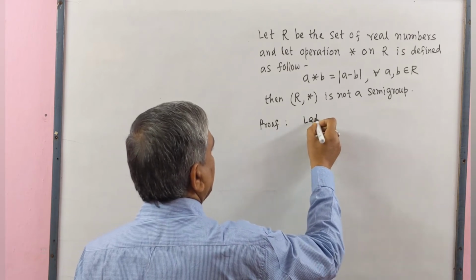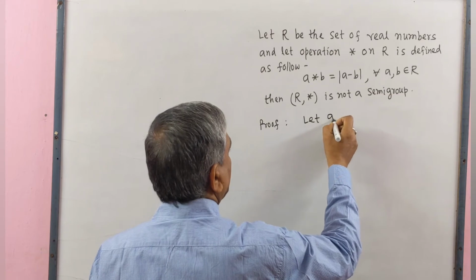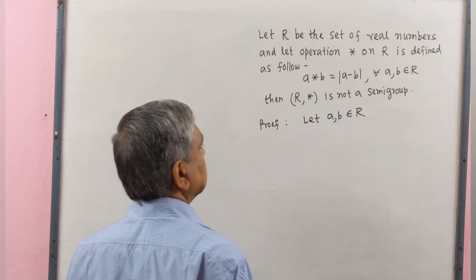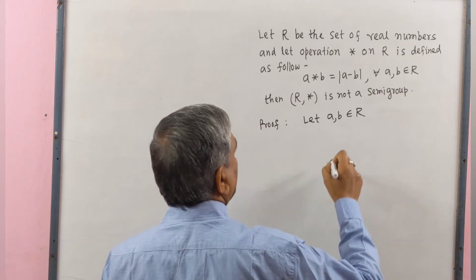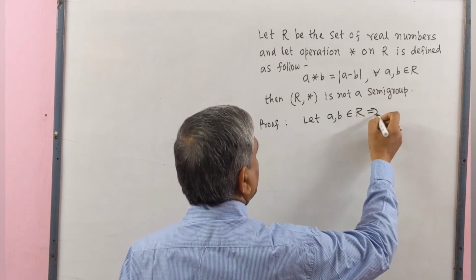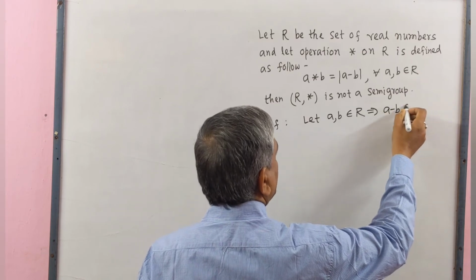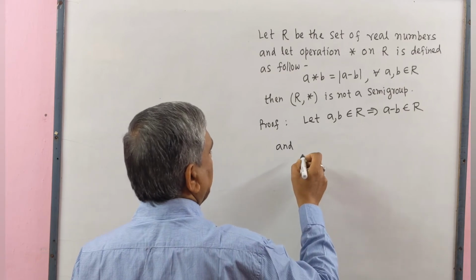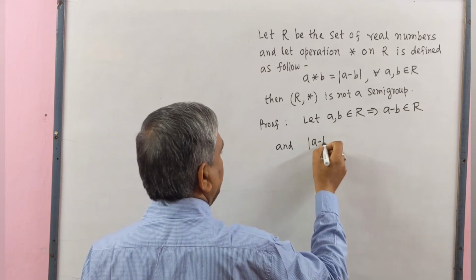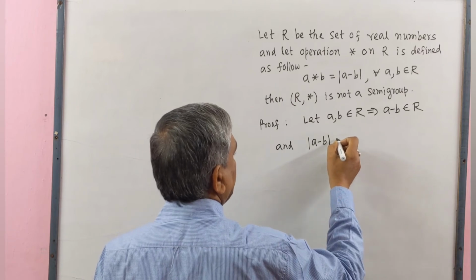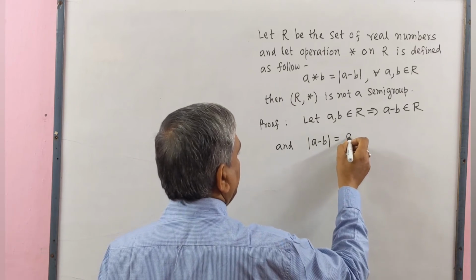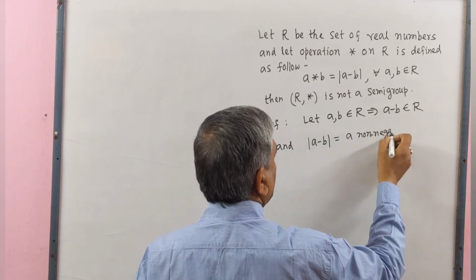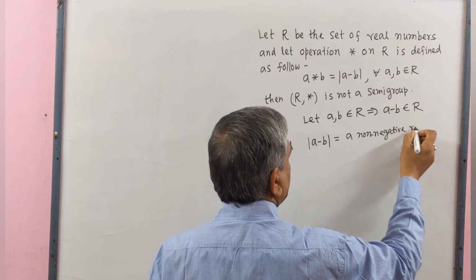Let (A, B) belong to R, which implies that A minus B belongs to R, and modulus of A minus B is a non-negative real number.